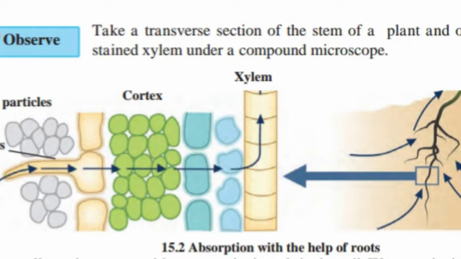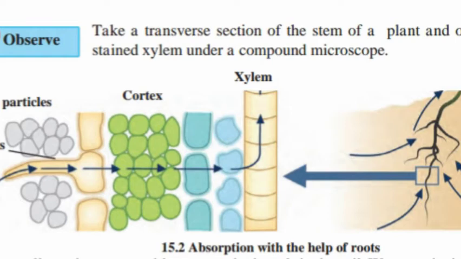As you know, when raisins are kept inside water, they bulge, become turgid, and exert pressure on their walls. Here also it is the same case: they exert pressure on the adjacent cells, and this pressure is referred to as root pressure. Because of this pressure, water and minerals reach the xylem of the roots.